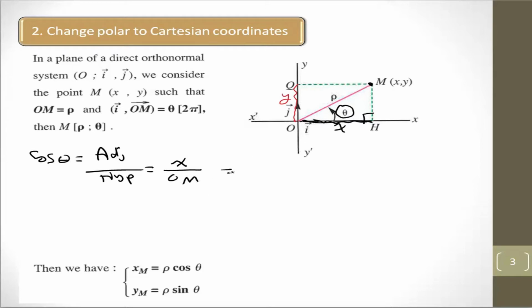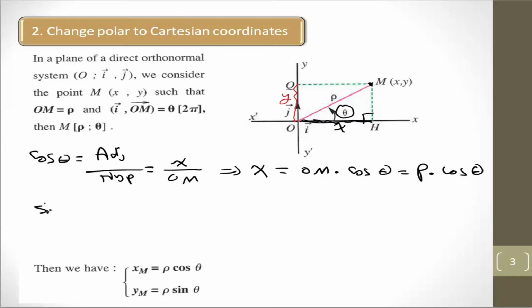So x equals OM times cosine theta, which is p times cosine theta. So x of the point M equals p, the radius or the distance OM from the origin to the point M, times cosine theta, the angle between the x-axis and OM.